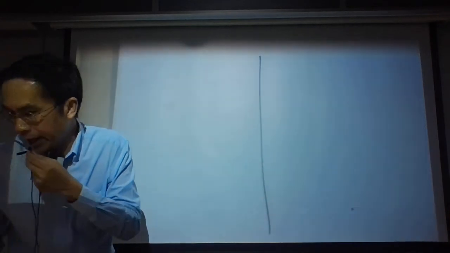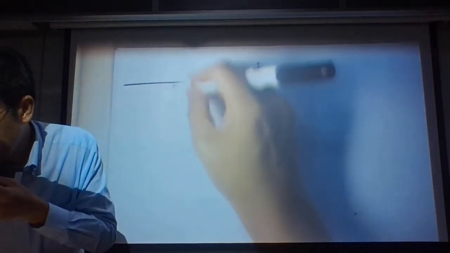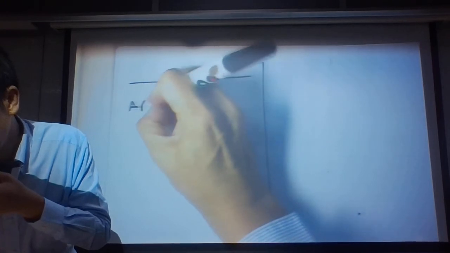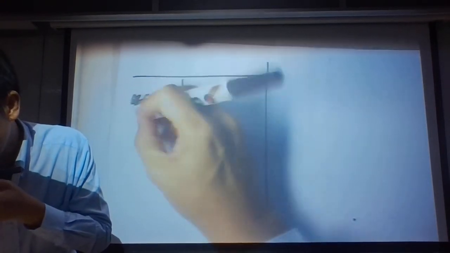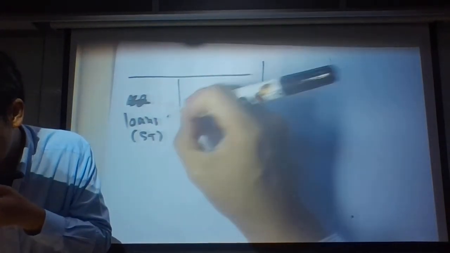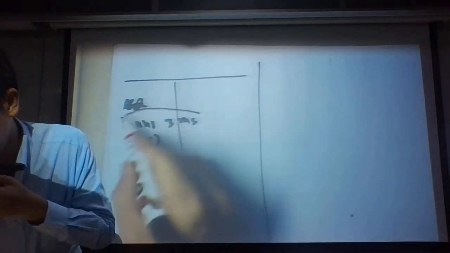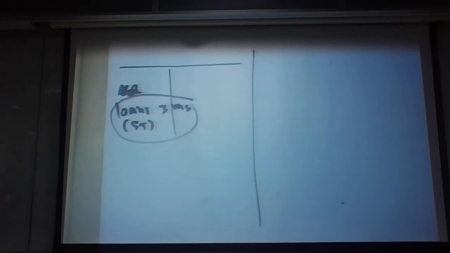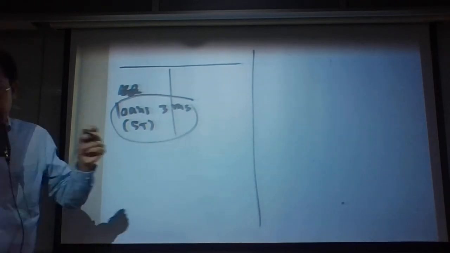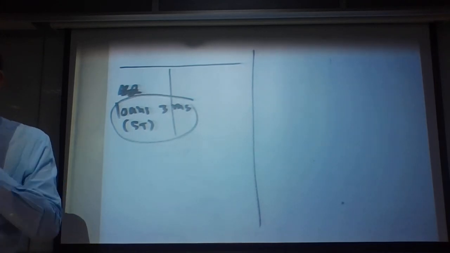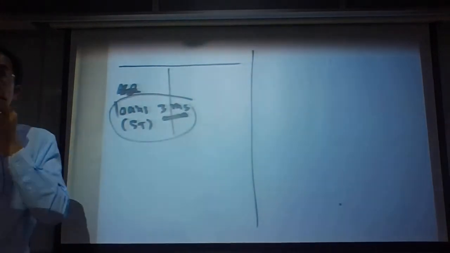Just simple examples, okay? Assuming that this bank lends for 3 months, the bank lends short-term loans, assuming that the maturity is equal to 3 months.